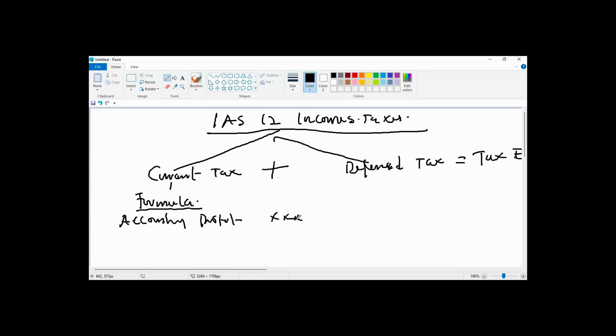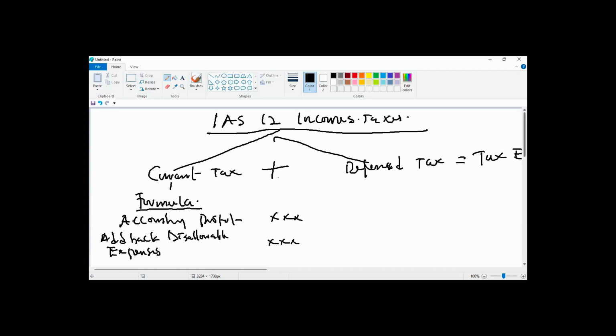So accounting profit is just like profit before tax. Tax is not deducted yet. I will now add back all disallowable expenses. I will add them back.